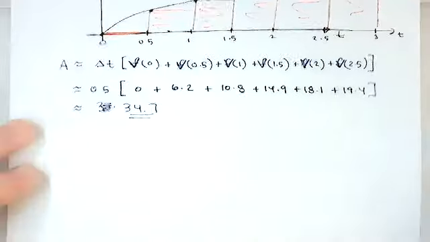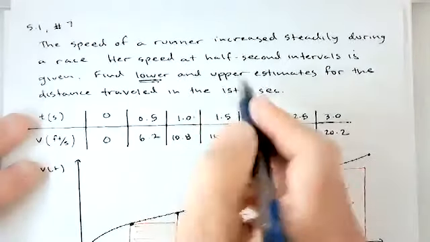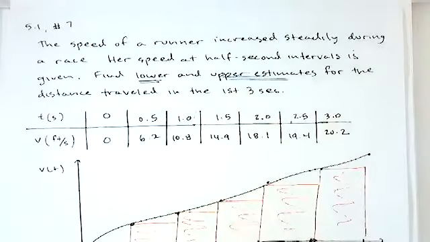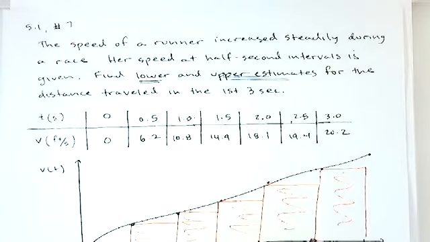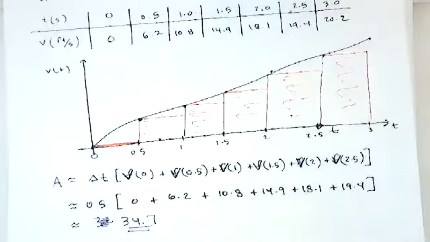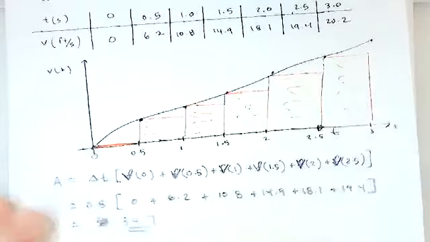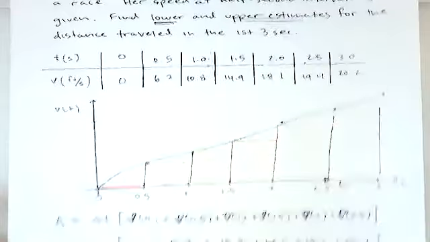Okay, so what would change for an upper estimate? What would you be doing for an upper estimate in this case? Exactly. You'd use a right-hand endpoint. And so the only thing that I was thinking I could maybe get away with, you can't see color too well on here.